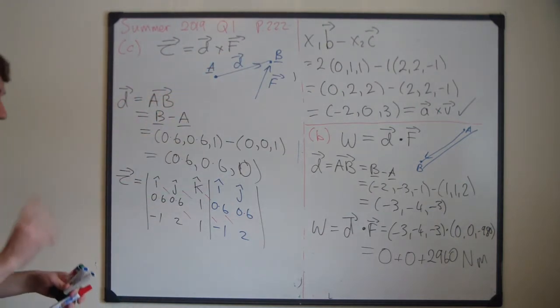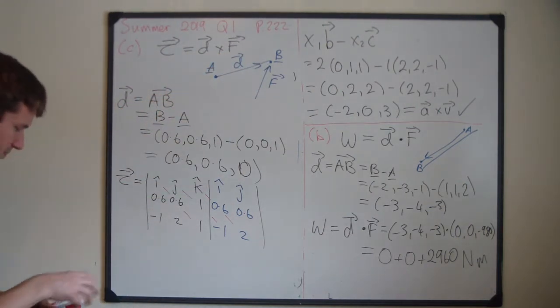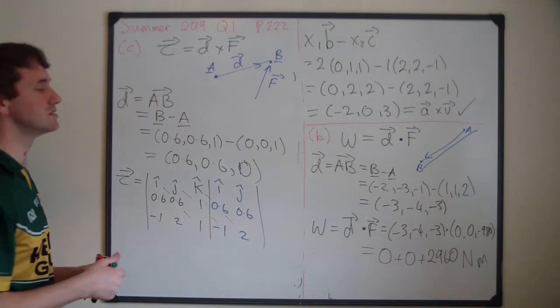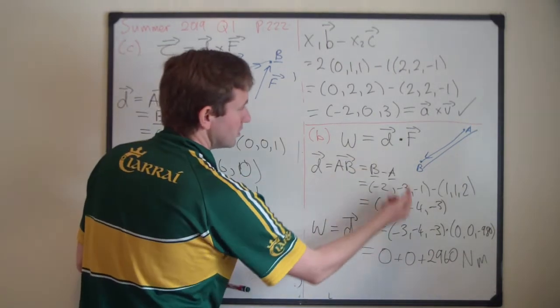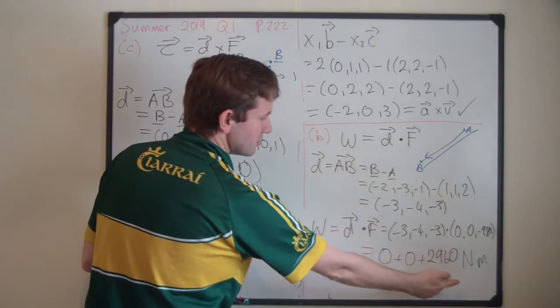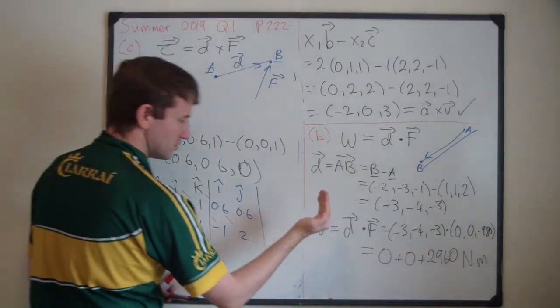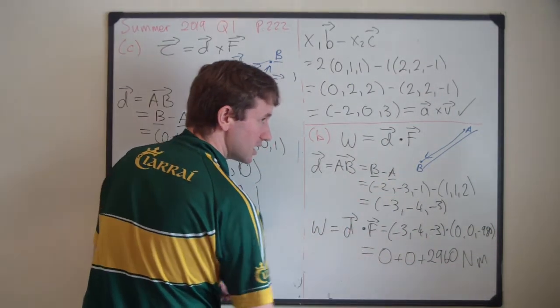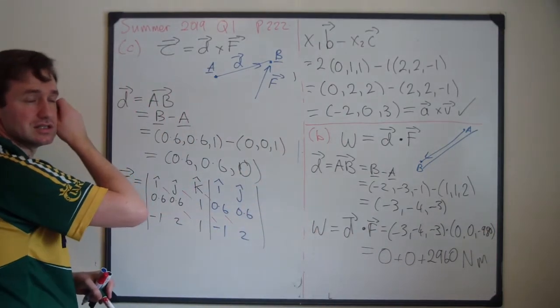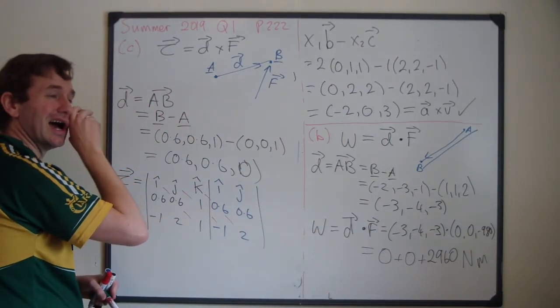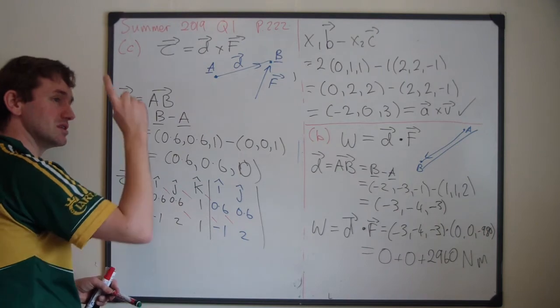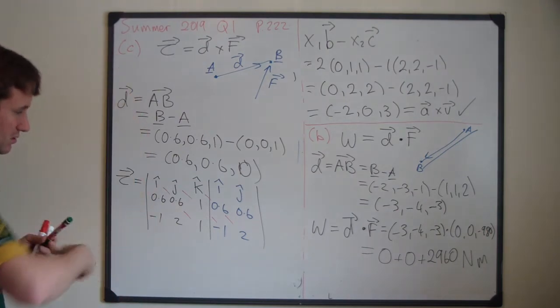So don't mess them up, that will really cost you. As long as you know that the scalar product gives you a number, you should be okay, because work is just a scalar, but moment has a direction. And the direction really is just capturing, is it up or down?